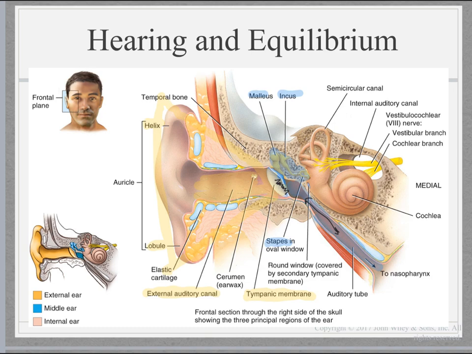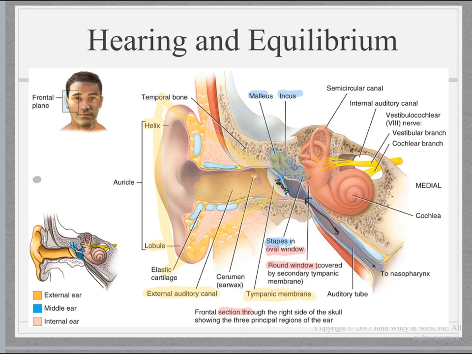The next region we're going to look at is the inner ear, and we're going to go ahead and highlight the structures of the inner ear right here, and we'll say, okay, well, what makes up the inner ear? So in here we're going to have a couple of windows, a round window and an oval window, and that oval window is here underneath the stapes.